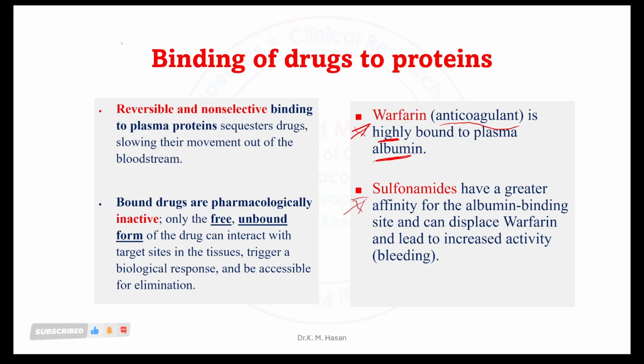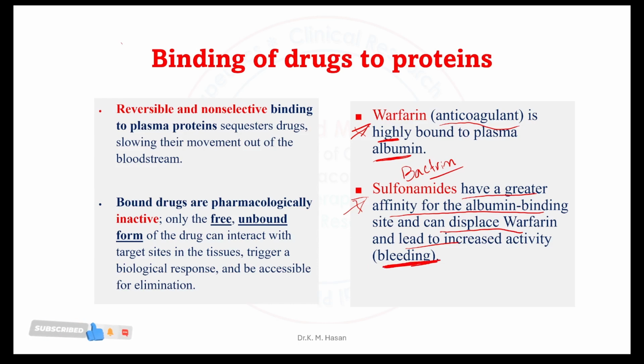The physician, PA, or nurse places him on a sulfonamide antibiotic, with the brand name Bactrim, a combination of two medications, sulfamethoxazole and trimethoprim. Bactrim has a greater affinity for binding to albumin, and this will displace warfarin from the binding site, increasing the free level of warfarin and the risk of bleeding.